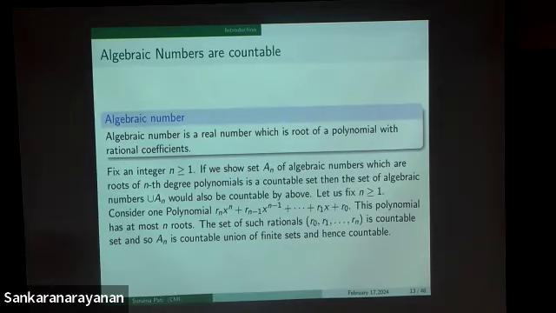Consider rational numbers that converge to root 2. I have a sequence of rational numbers going very close to root 2, but root 2 is not there in the set of rationals, which is bad.